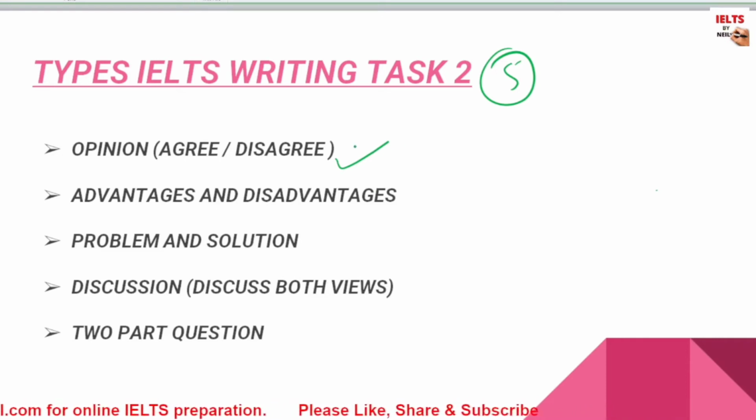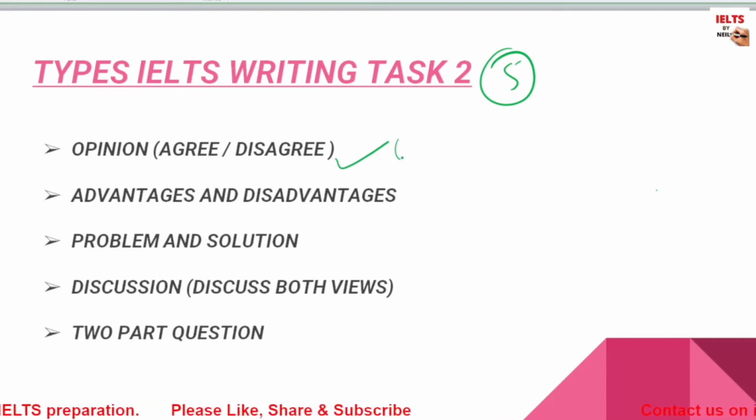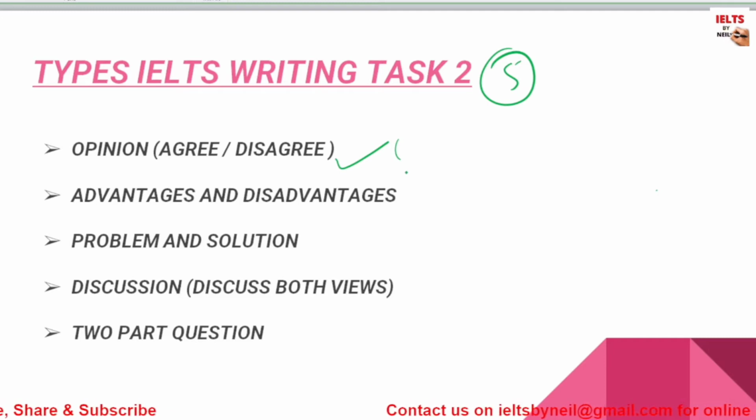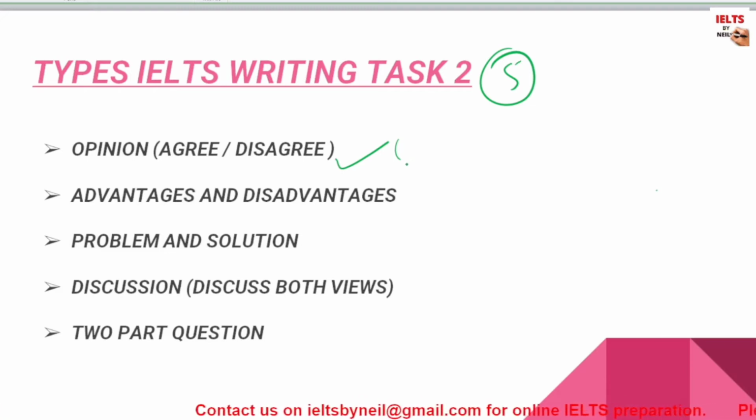So as the name is making it clear that a question will be asked and you will be asked to give your opinion, or you will be asked whether you agree with that question or you disagree with that question. Question is nothing but just a statement. So whatever the statement is, you will be asked whether you agree with that or you disagree with that, or to what extent do you agree or disagree with that. Okay, so this is type 1.